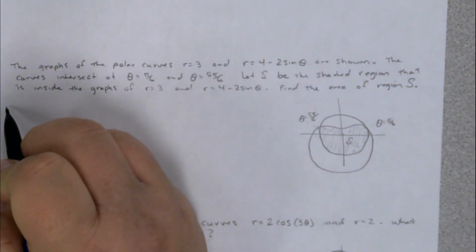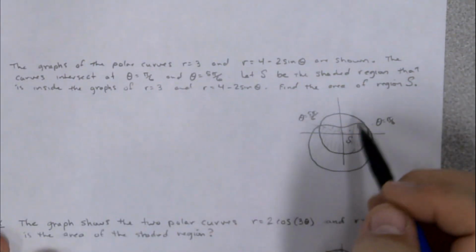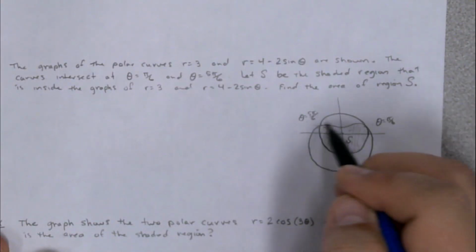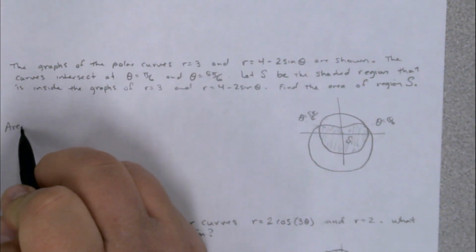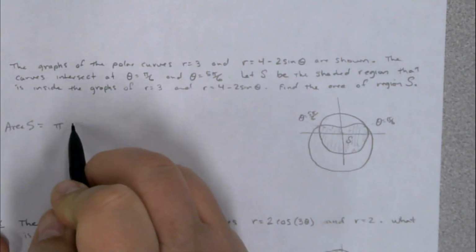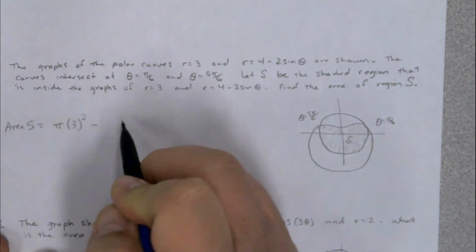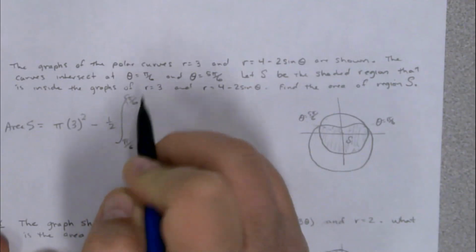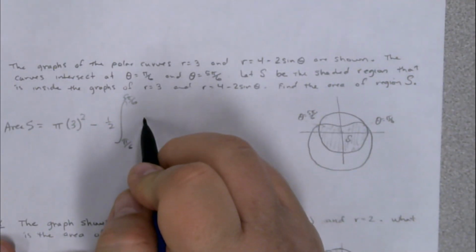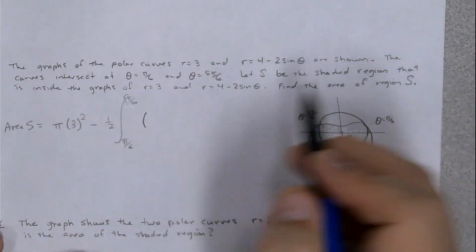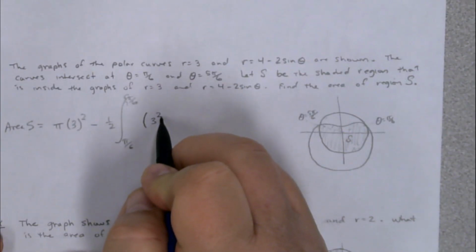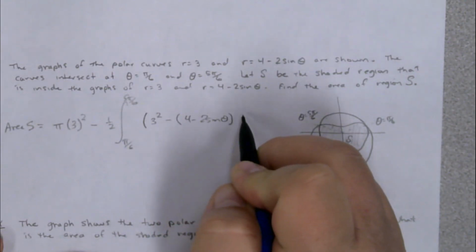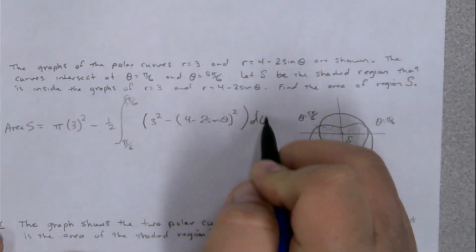So my area is this circle minus the area of the region, not S, between pi over 6 and 5 pi over 6. And so then the area of S is the area of the circle minus 1/2 integral from pi over 6 to 5 pi over 6 of 3 squared minus the quantity 4 minus 2 sine of theta, squared, d theta.